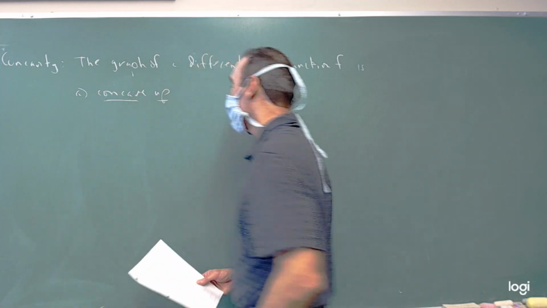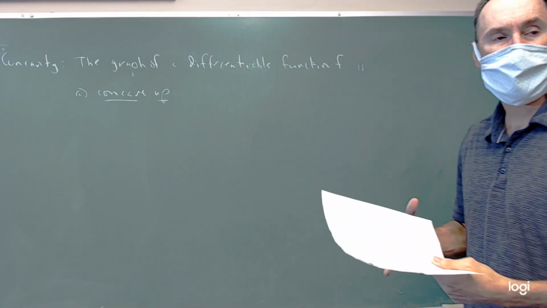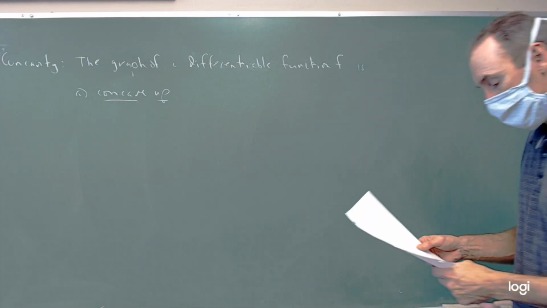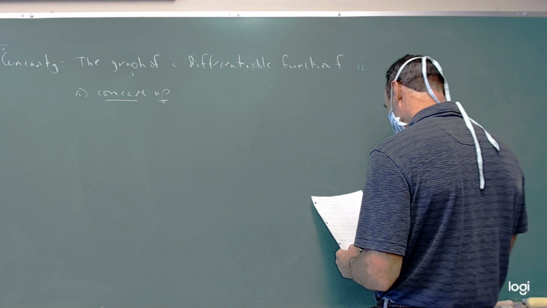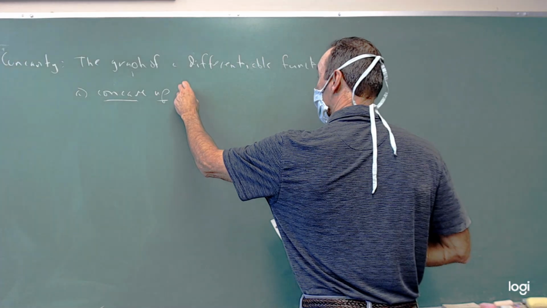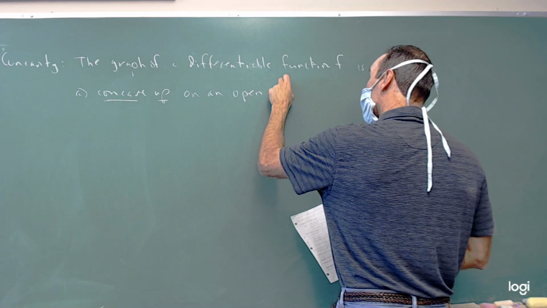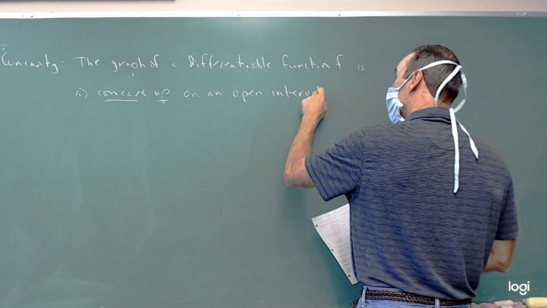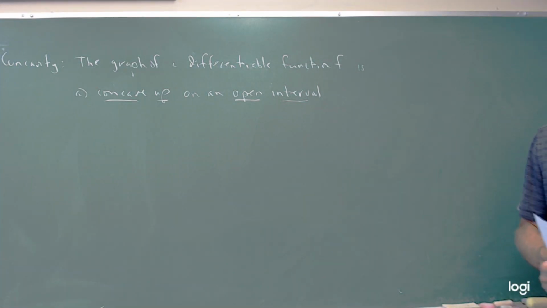Different authors define this differently too, but they're consistent with what their end result is. Our author says that a function is concave up, and then they say specifically on an open interval. So there is no question that we are only talking about open intervals for concavity.